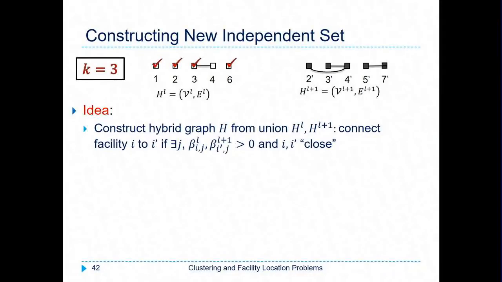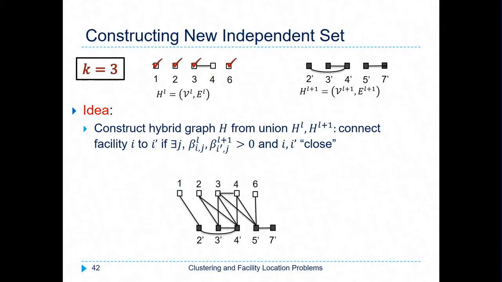So what we are going to do is construct a hybrid graph H from the union of these two graphs. And we also add edges between the facilities of one solution corresponding to H_L and facilities of the current round. I use prime to denote the same facility but a new copy.